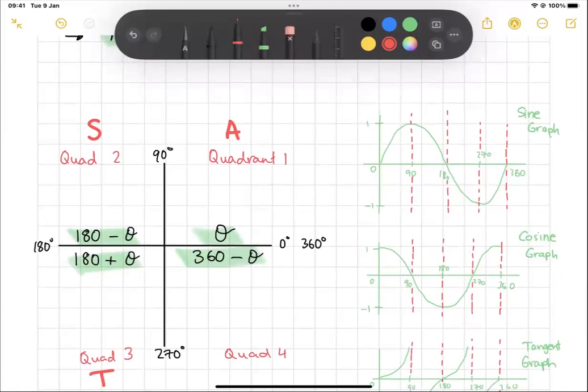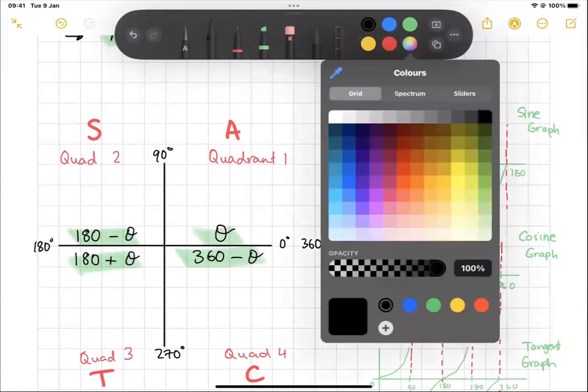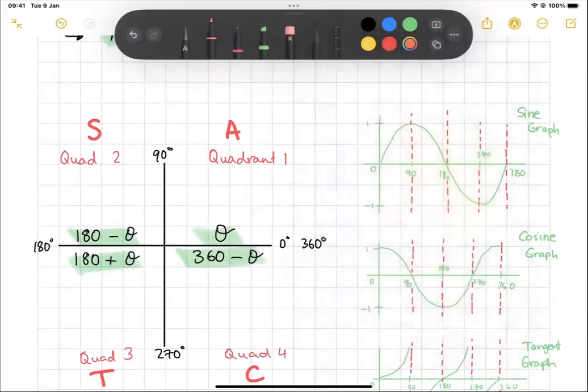And my last quadrant means that cos is only positive. So sine theta, cos theta, tan theta, all in the first quadrant are positive.